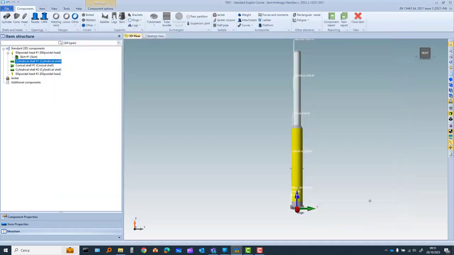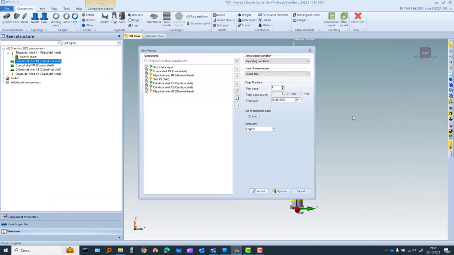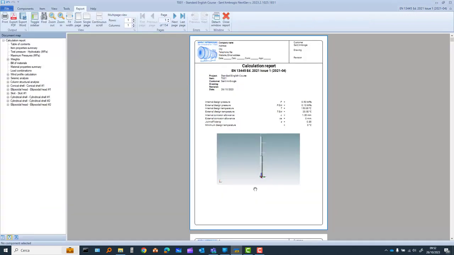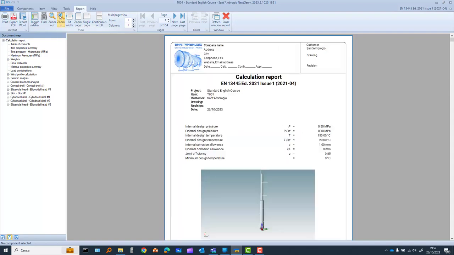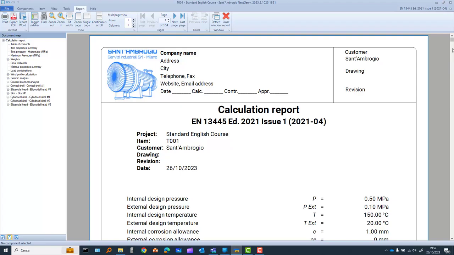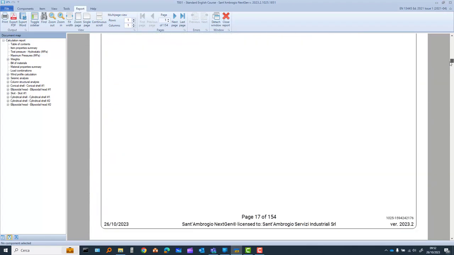Of course, this for pressure is always verified, and we have now to check again the item report. The item report doesn't give us now any particular warning. We print the report. We make it bigger, no, too much, and we go again to page 48.